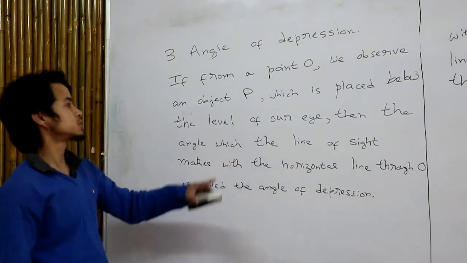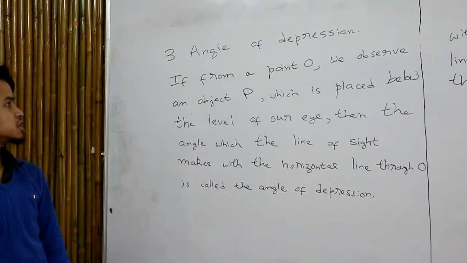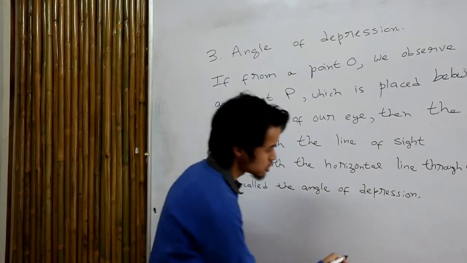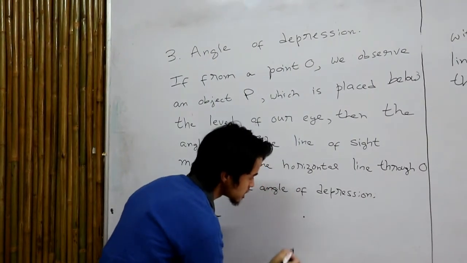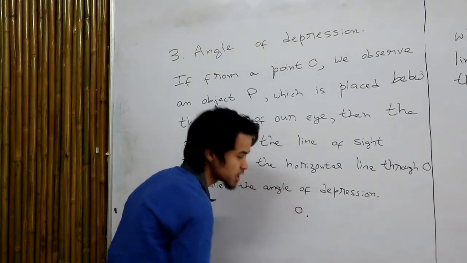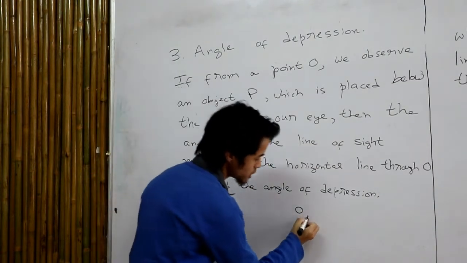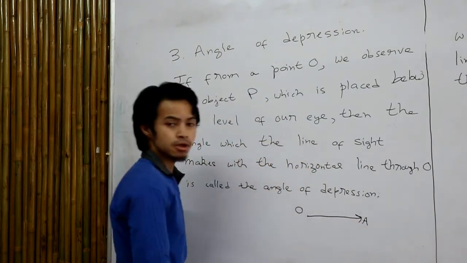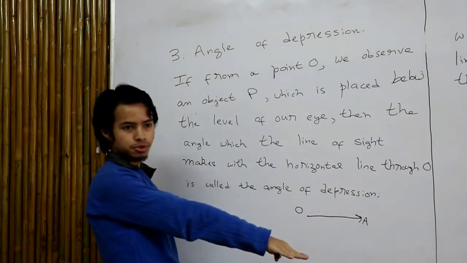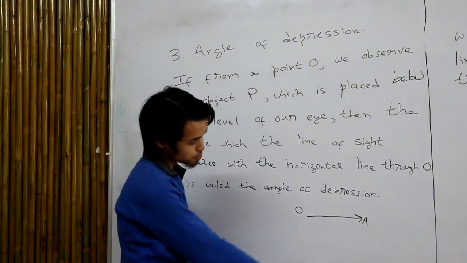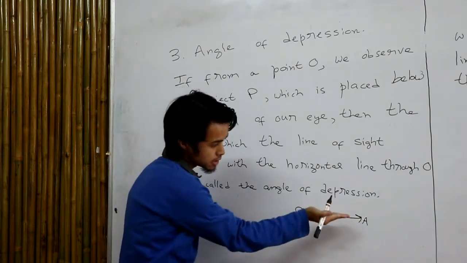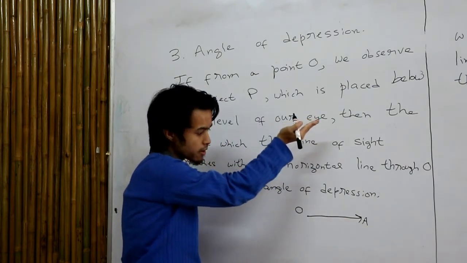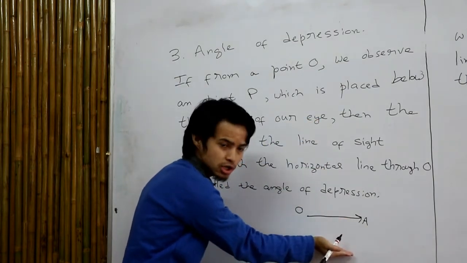So the angle of depression is similar to the angle of elevation, but in this case the object is placed below the level of our eye. Suppose we are standing in this position, and we name this position as point O, and this will be the horizontal line through O. Let me name it as OA. This is the level of our eye, this is the level above the level of our eye, and this is the level which is below the level of our eye.